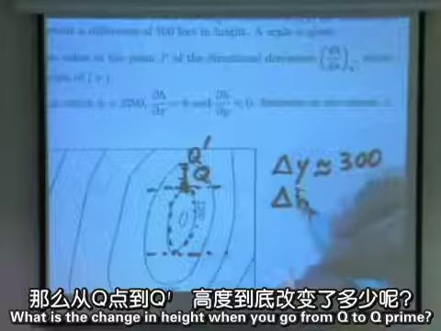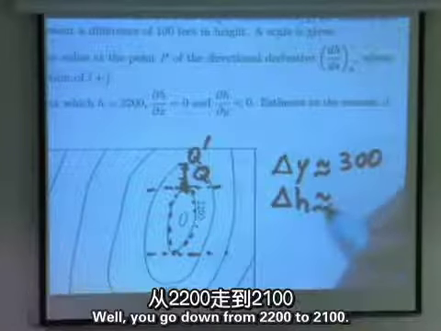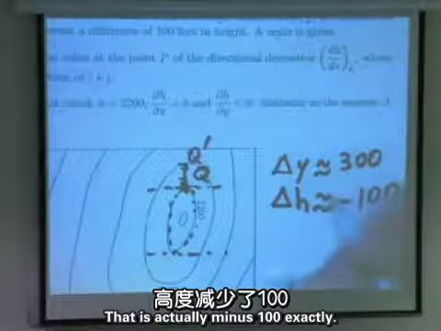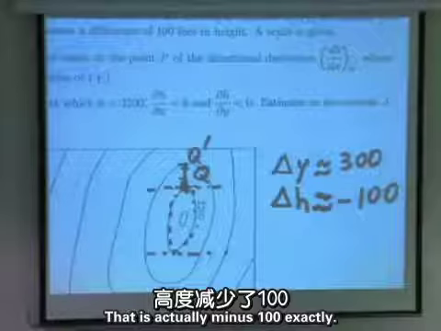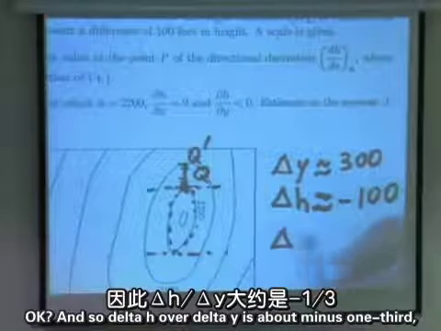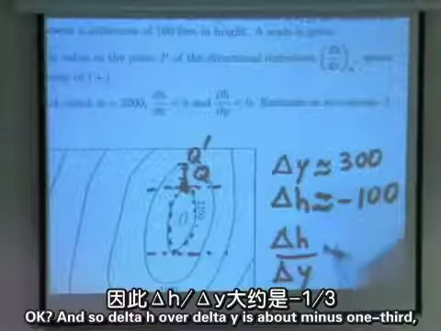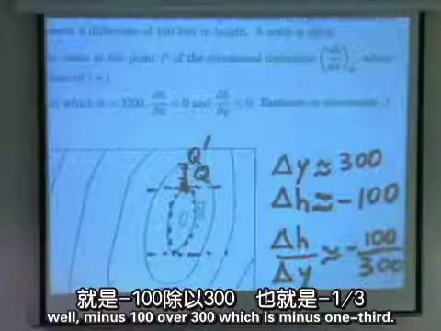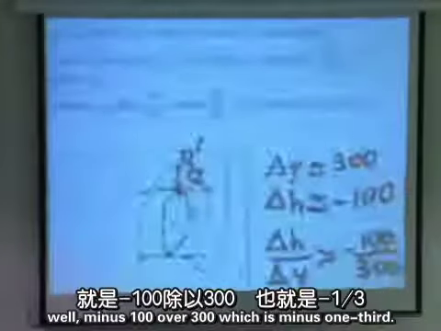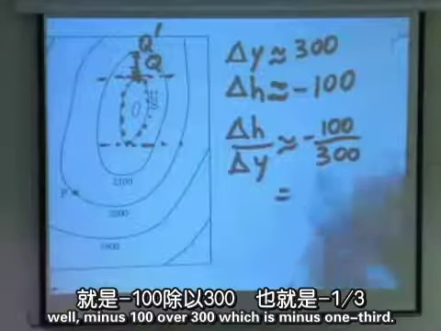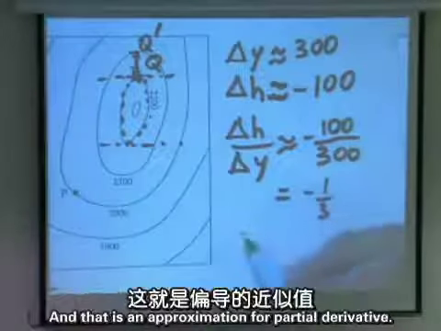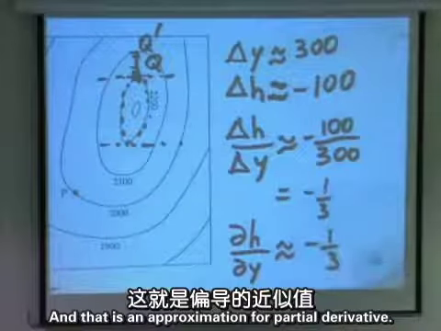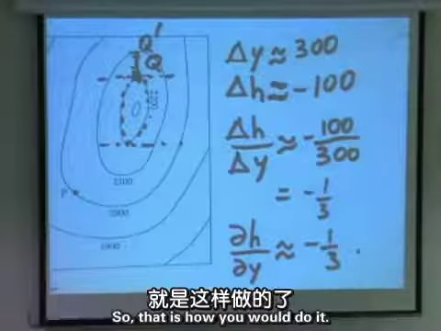What's the change in height when you go from Q to Q prime? You go down from 2200 to 2100, that's exactly minus 100. So delta h over delta y is about minus 100 over 300, which is minus 1/3. And that's an approximation for the partial derivative. So that's how you would do it.